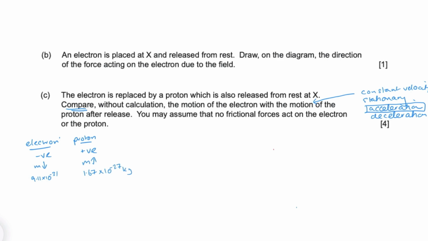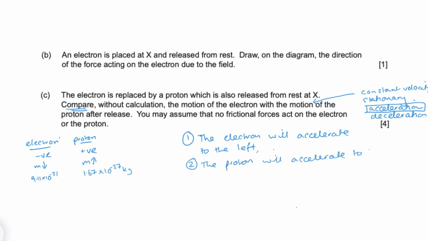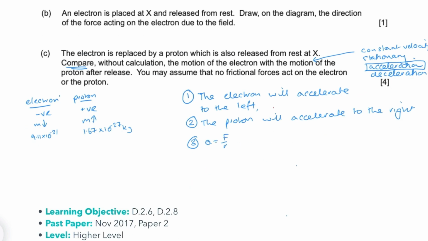Okay, so we've compared the electron and proton. We know we've got to use the word acceleration, and we've got to get 4 marks. The first difference in the motion will be that the electron will accelerate to the left. We have the force on the electron above that's going to the left. The proton will accelerate to the right. Another difference: a equals F over m. The charge on each electron is the same, and the charge on each proton is the same.